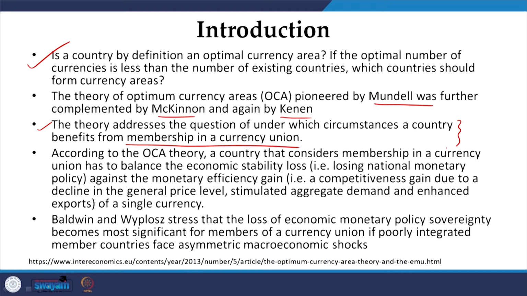Now, according to the OCA theory, a country that considers membership in a currency union has to balance the economic stability loss, that is from losing national monetary policy, against the monetary efficiency gain, or the competitiveness gain due to a decline in the general price level, stimulated aggregate demand and enhanced exports of a single currency.